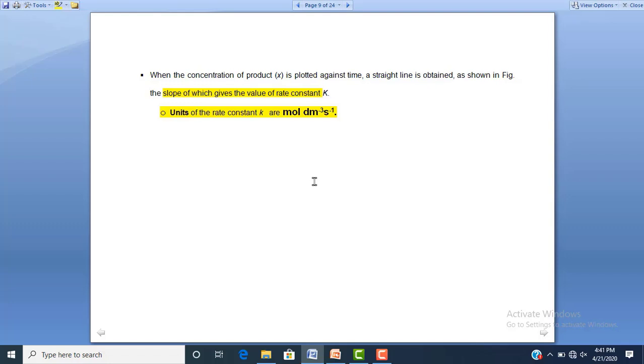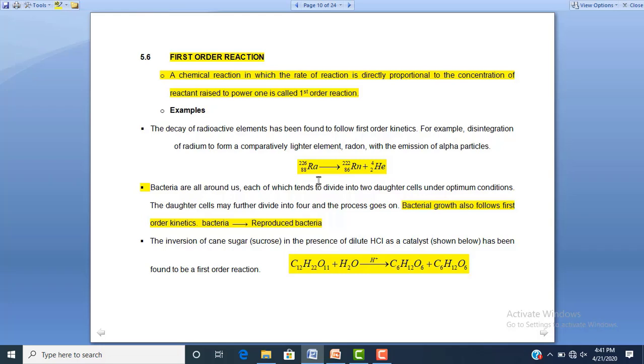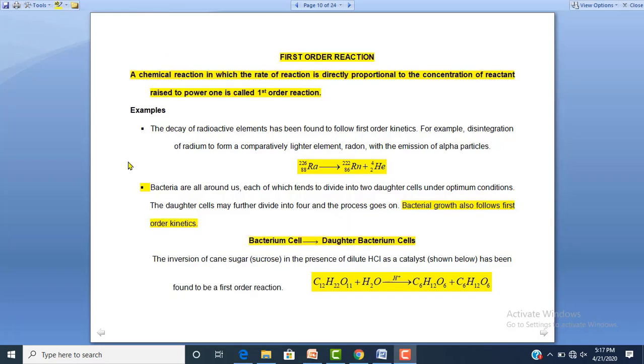Dear students, now in the second part of my lecture number 2, we will study in detail the first order reaction. In the previous lecture, we studied zeroth order reaction.